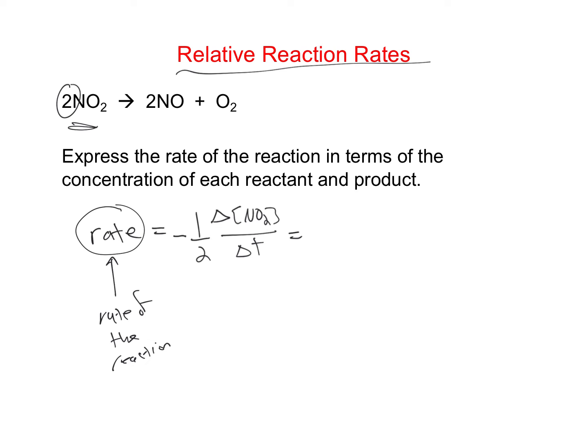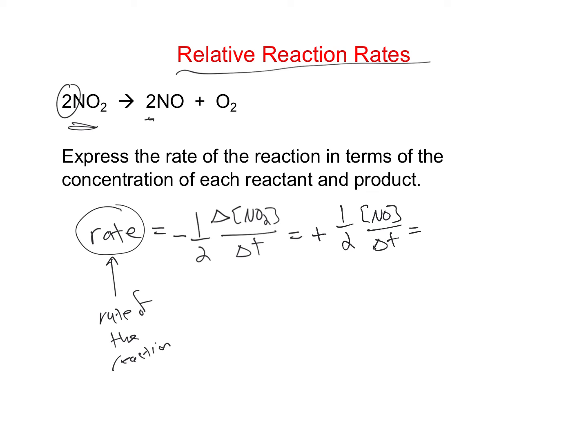For products, because the change in concentration is going to be positive, we don't put a negative in front. So for reactants, like NO2, we put the negative in front. For products, you don't have to write the plus, but just to drive it home, I'm going to put the plus there. Then I'll do 1 over the stoichiometric coefficient, so it'll be 1/2 times delta NO over delta time.